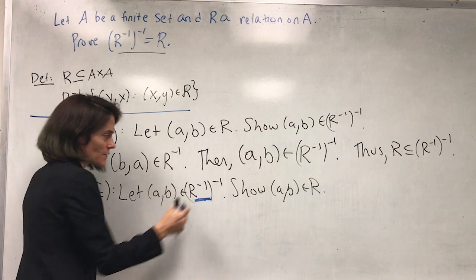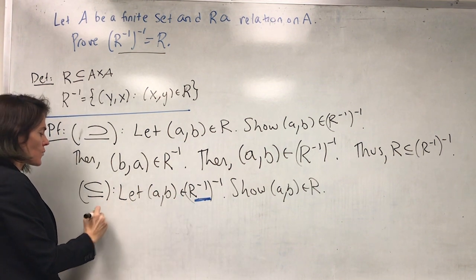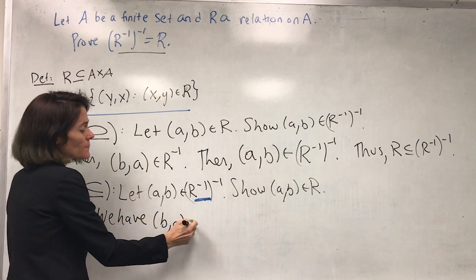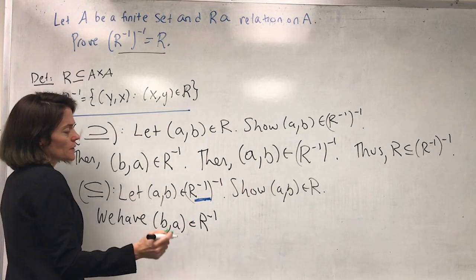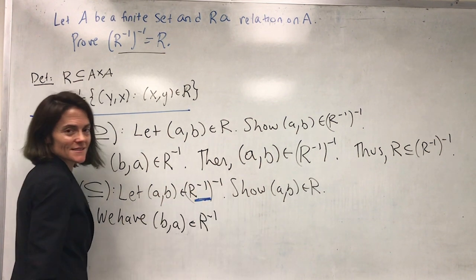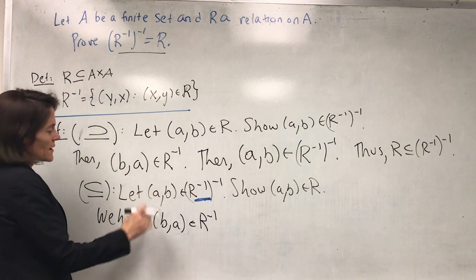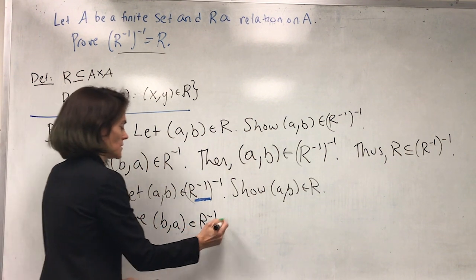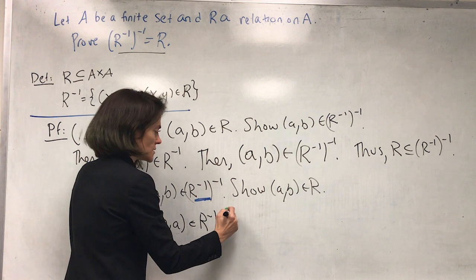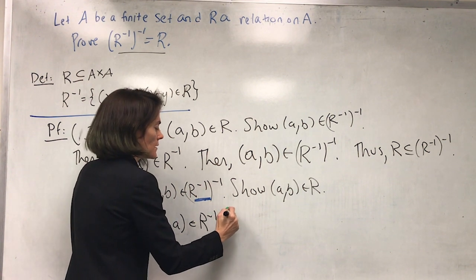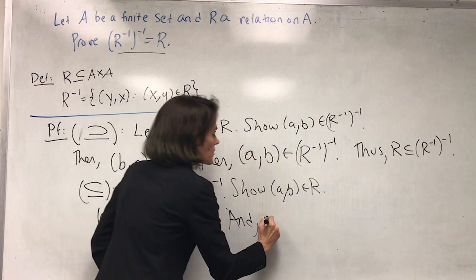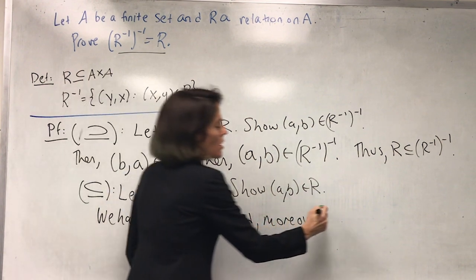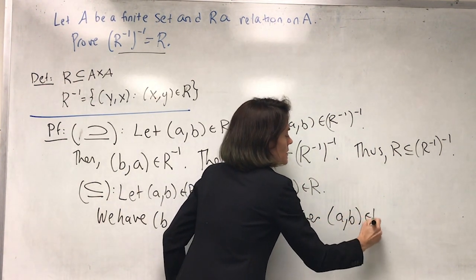If you are in its inverse, then (b, a) must have come from what's underlined in blue, because (a, b) is in its inverse. And now, we think about R being the relation we're thinking about, and R inverse is the inverse. So we can just say we have this, and moreover, when we interchange it, it will be in R. (a, b) is in R.